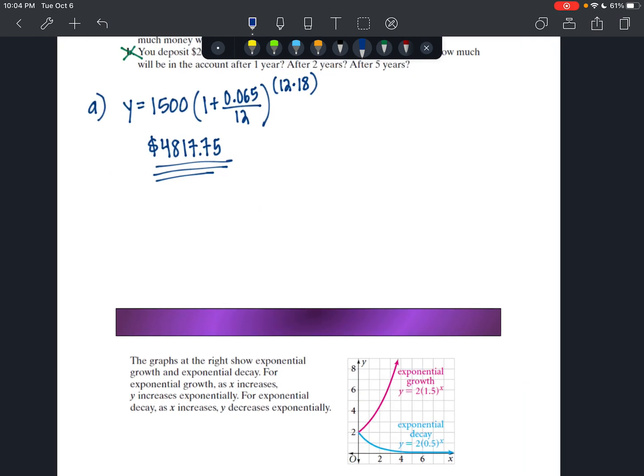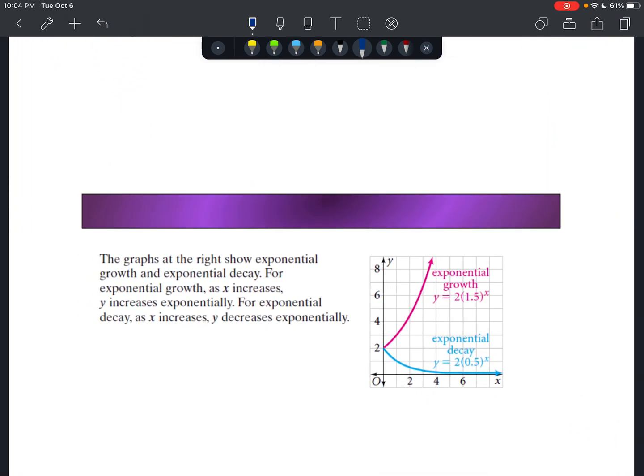Okay, we've talked about exponential growth and exponential decay. And here's a couple of examples. One example of exponential growth. Notice how your base is greater than 1. And then here we have exponential decay. Notice how the base is less than 1.